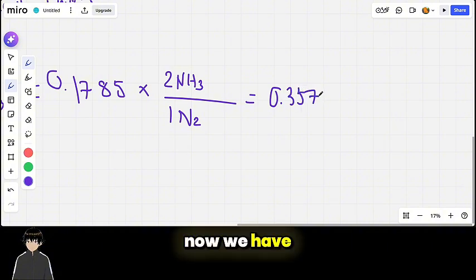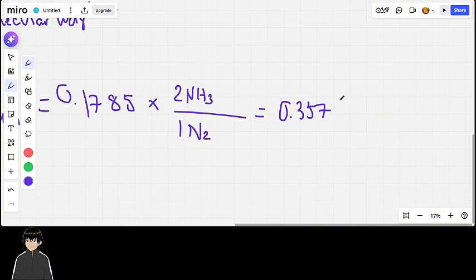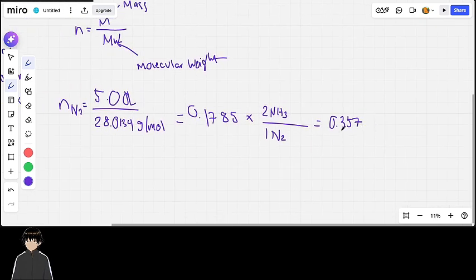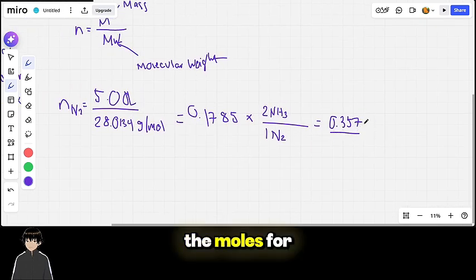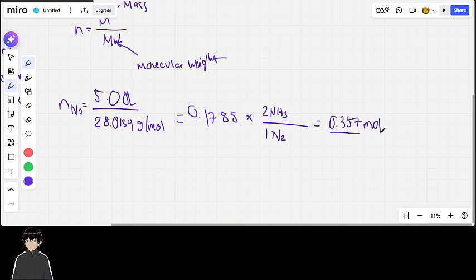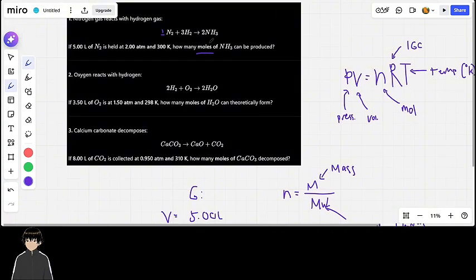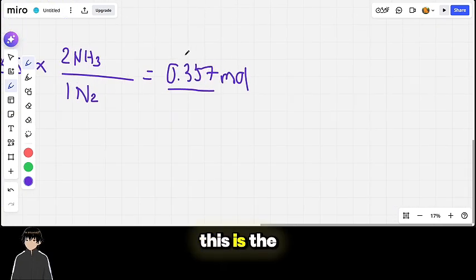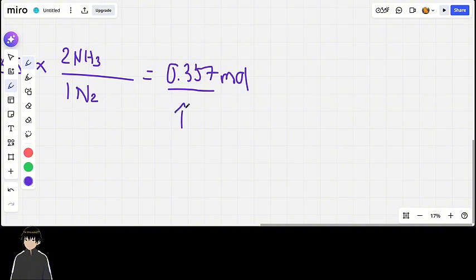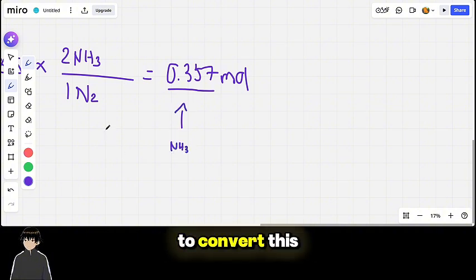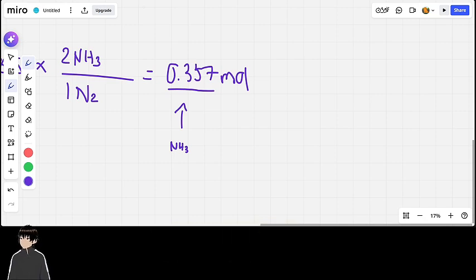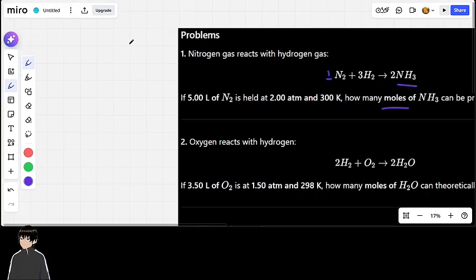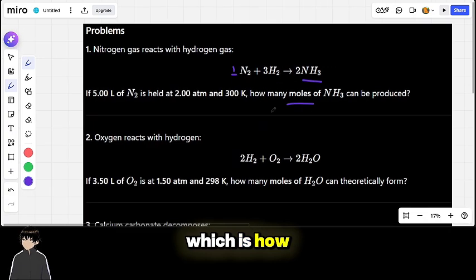Now we have the moles for NH3. Now we're going to convert this to what we're trying to find, which is how many moles.